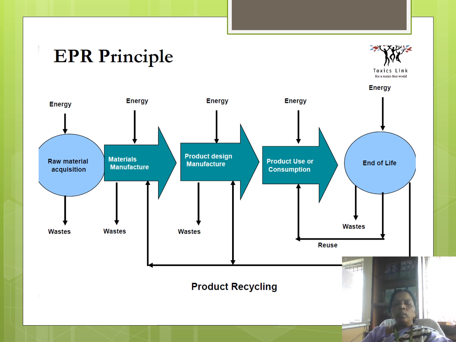At the end of the life of every product, the unused product discarded by humankind can be used as a raw material by the material manufacturers. That is actually the environmental pollution principle.